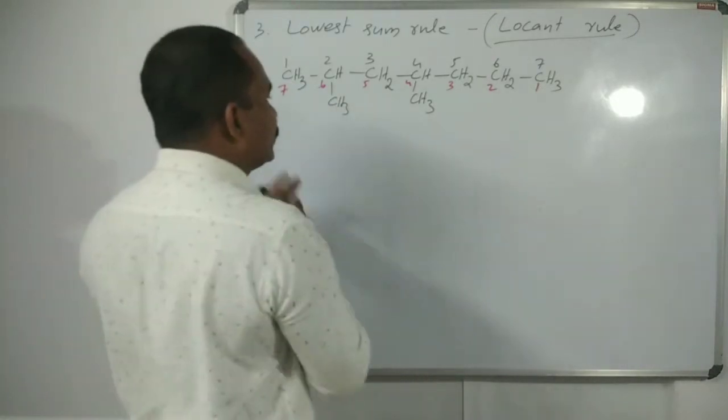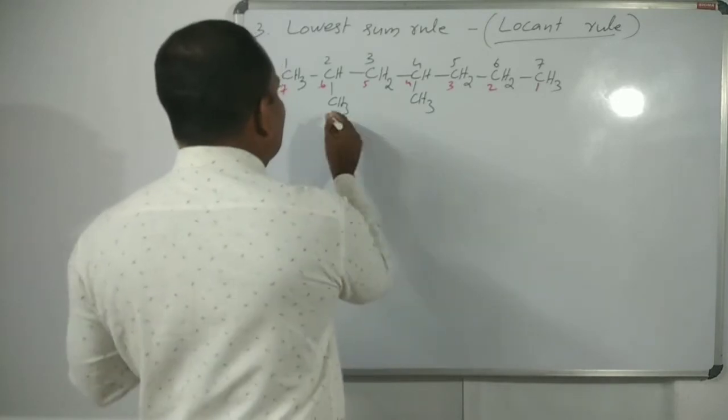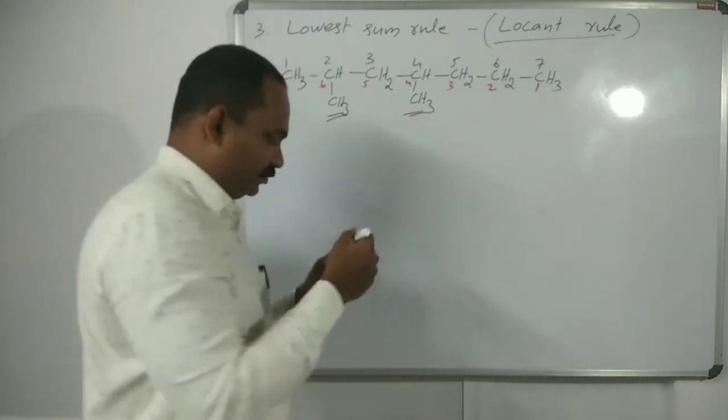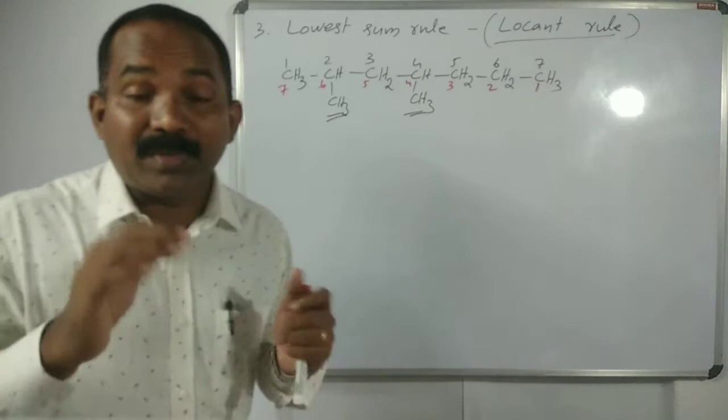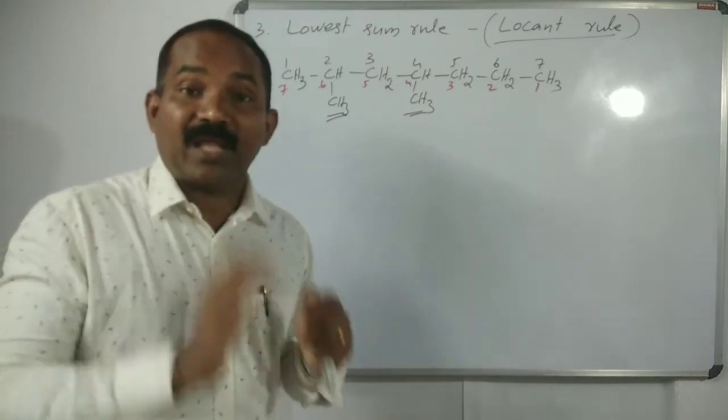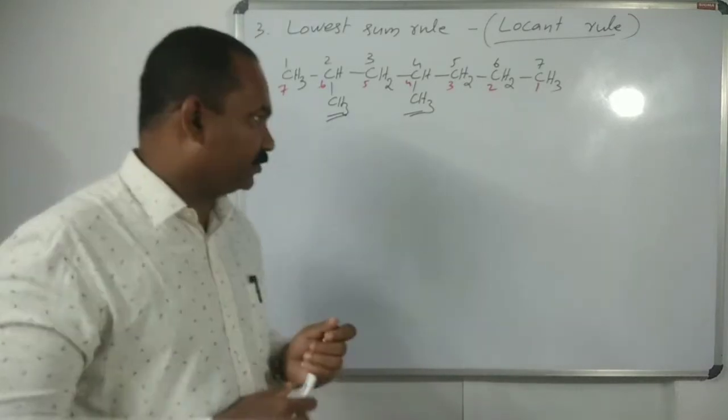Two substituents are there. What are the two substituents? Two methyl groups are present in the hydrocarbon chain.